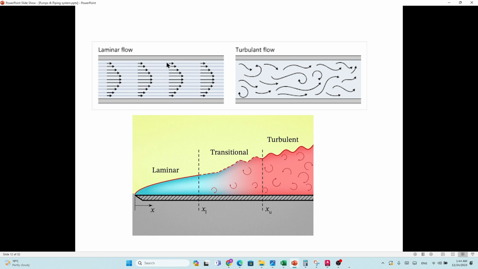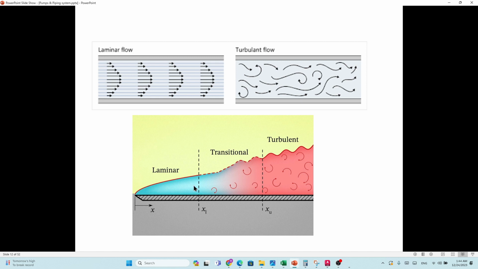Due to the friction, the velocity is lesser as compared to the center layers of the water. So if the water runs between these layers, the water remains laminar. We call it, in fluid mechanics terminology, laminar flow. Okay, but after certain times, the layers mix up and down and make the flow turbulent like this.